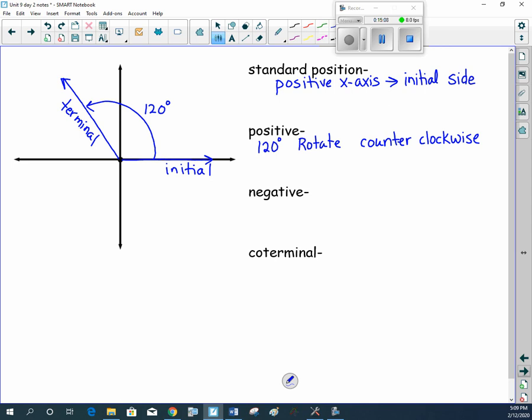Now, if you want to rotate the other direction, that would be a negative. I rotated counterclockwise for positive, so I'm going to rotate clockwise for a negative angle. So let's say I'm going to do a negative 100 degrees. Okay, so that means I'm going to rotate clockwise.